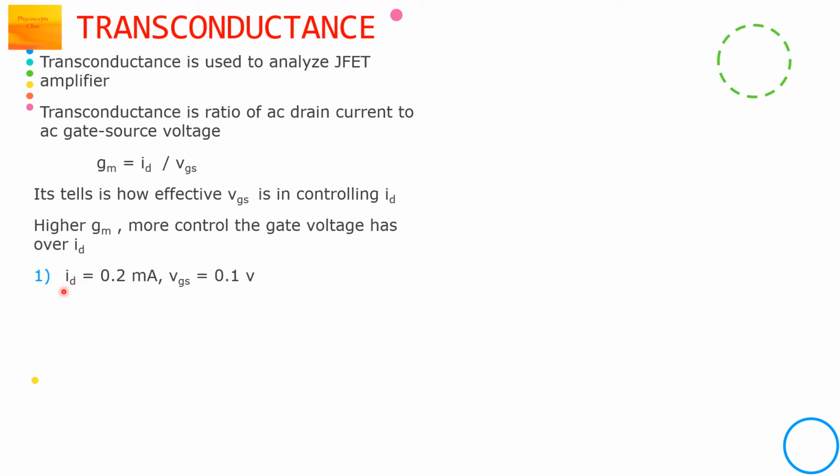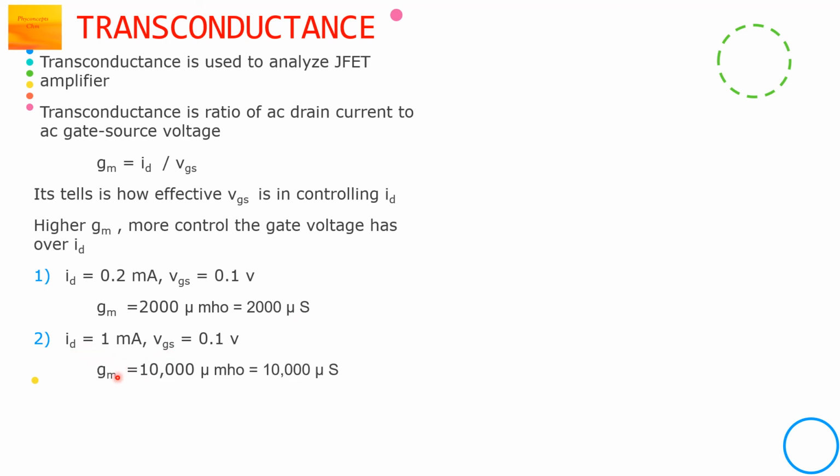Some examples are taken, like ID is equal to 0.2 milliamperes and VGS is 0.1 volt. We get gm as 2000 micro mho, or this micro mho can also be written as 2000 micro Siemens. Same way, by keeping VGS the same, we get a drain current of 1 milliampere. For that we get gm as 10,000 micro mho or 10,000 micro Siemens.